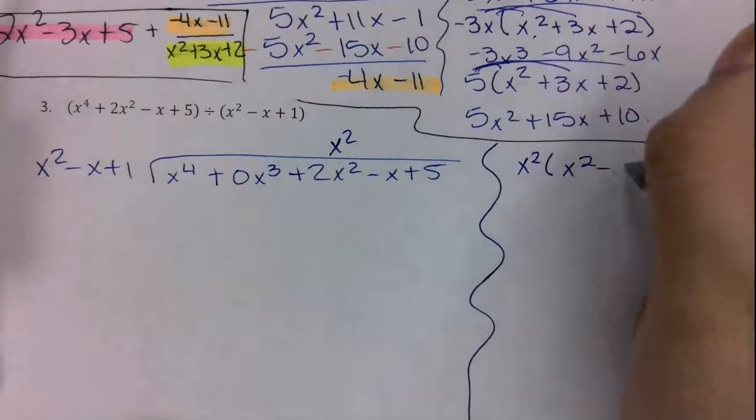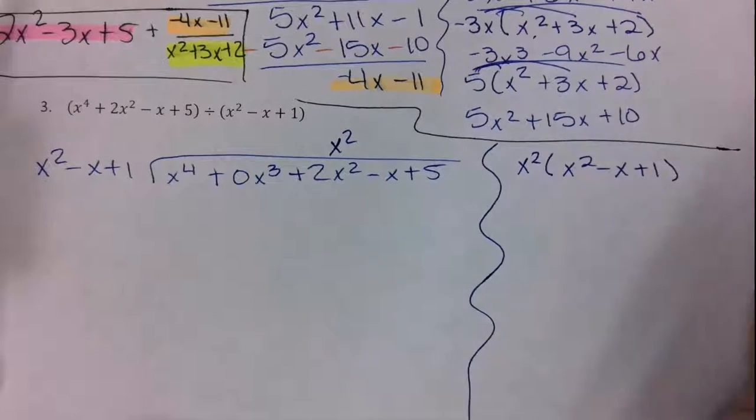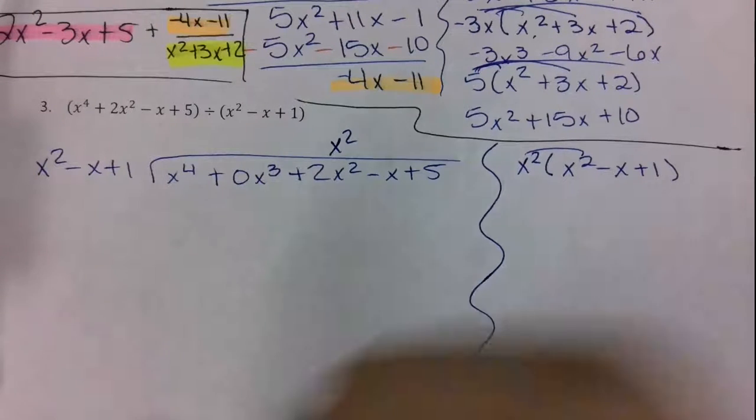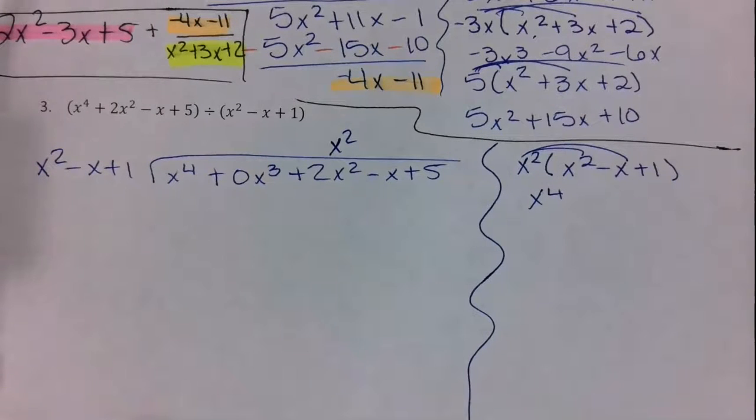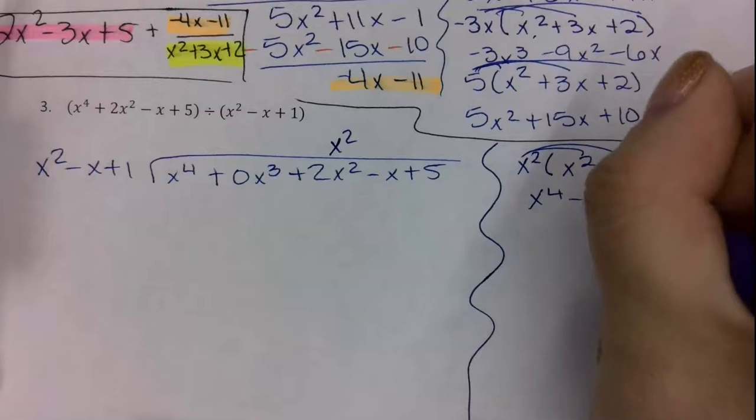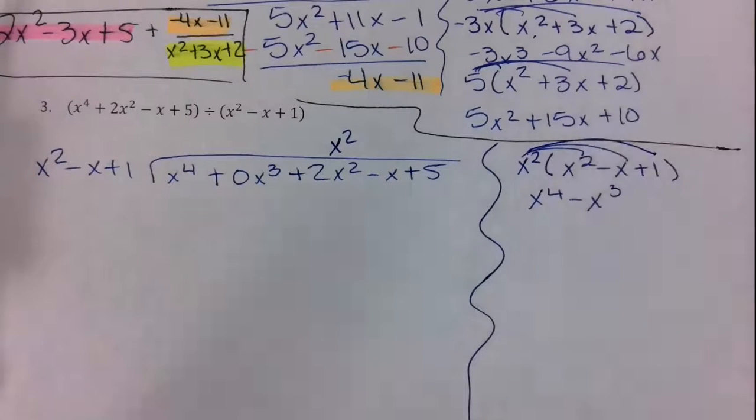Okay, you do x squared times. So what's x squared times x squared? X squared times negative x. And x squared times 1.